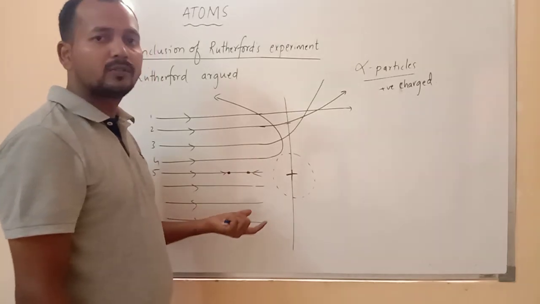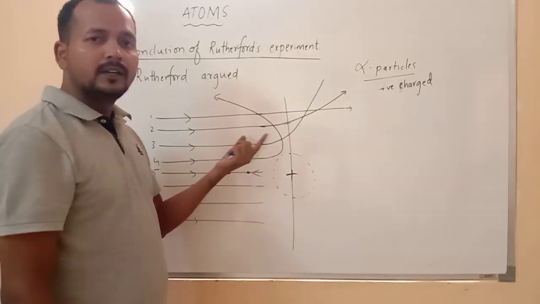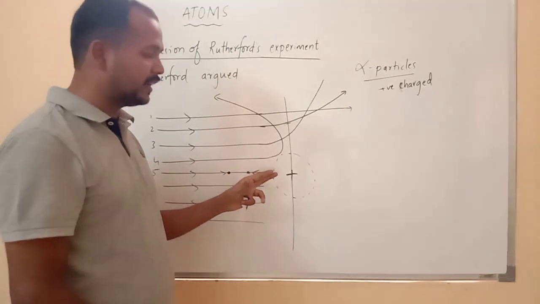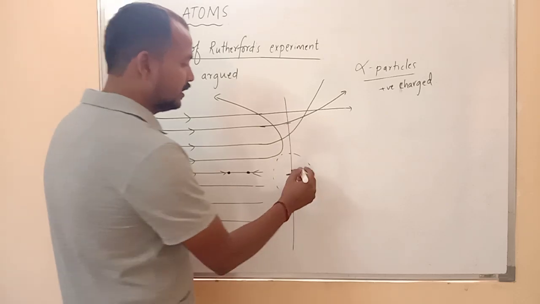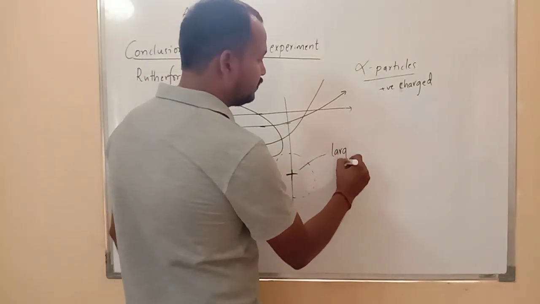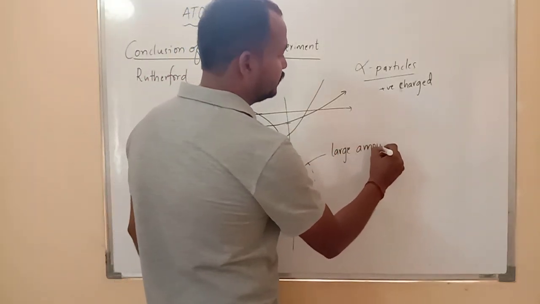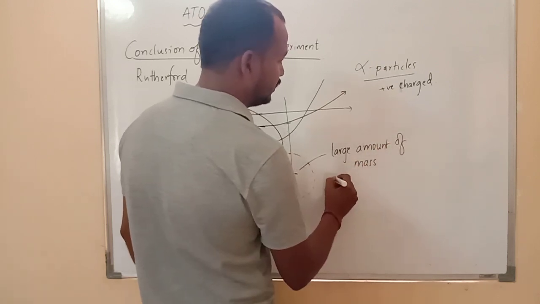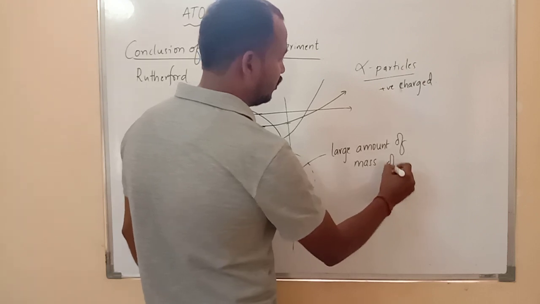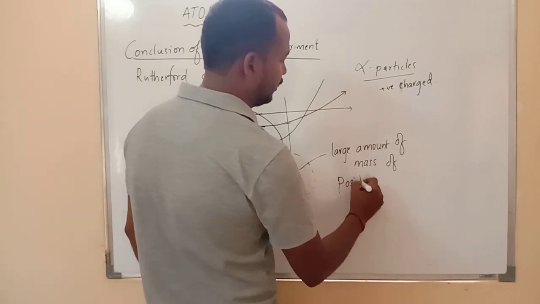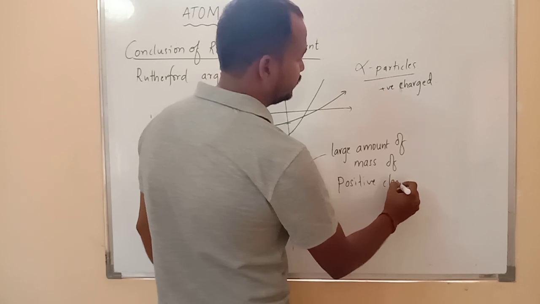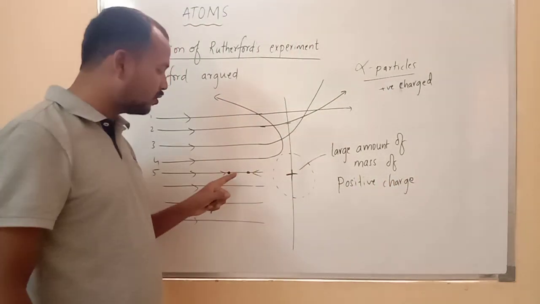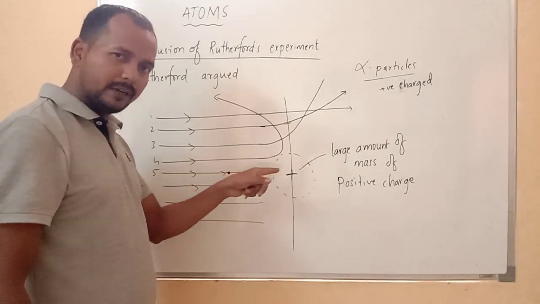From this only he concluded that there is a point where a large amount of mass is concentrated, and it must be positively charged. Only if this condition is true will the alpha particle be repelled back.